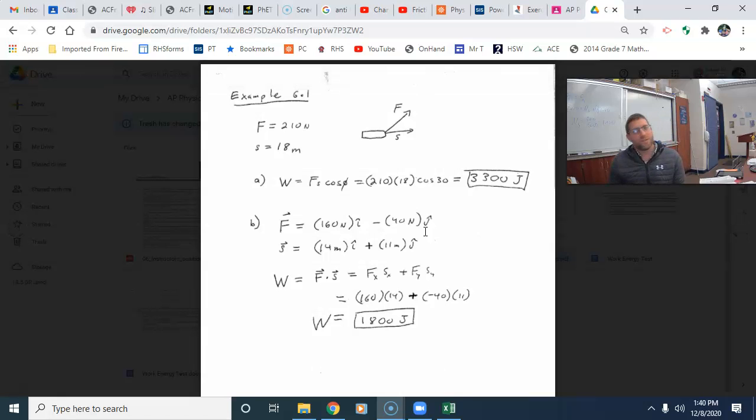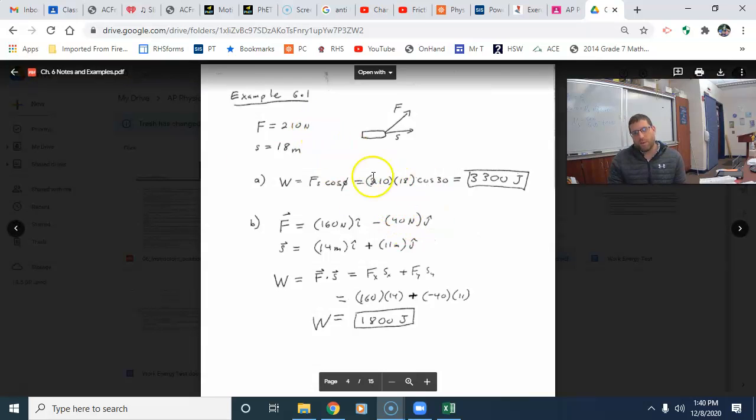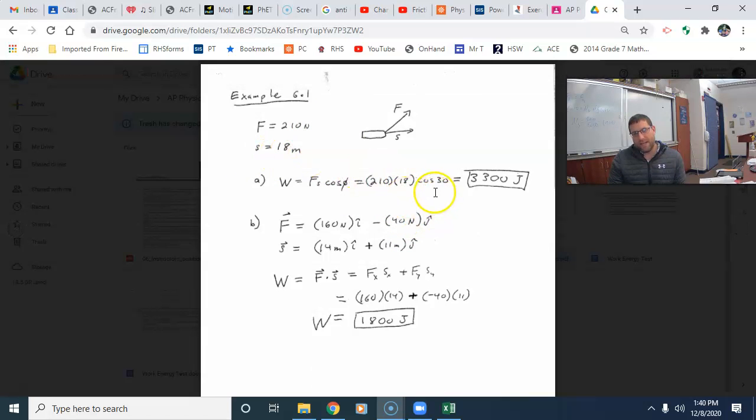So all we have to do is simply consider that. We place 210 in, force in newtons, displacement in meters, 18, times the cosine of the angle, and we get out 3,300 joules of work that Steve applies to this vehicle.